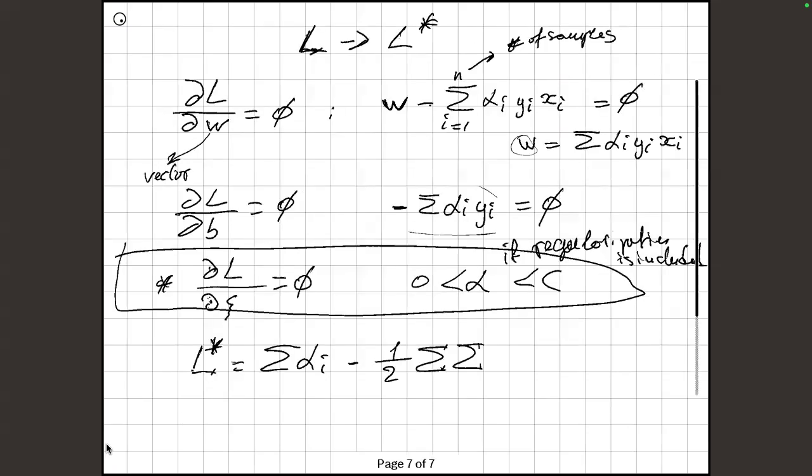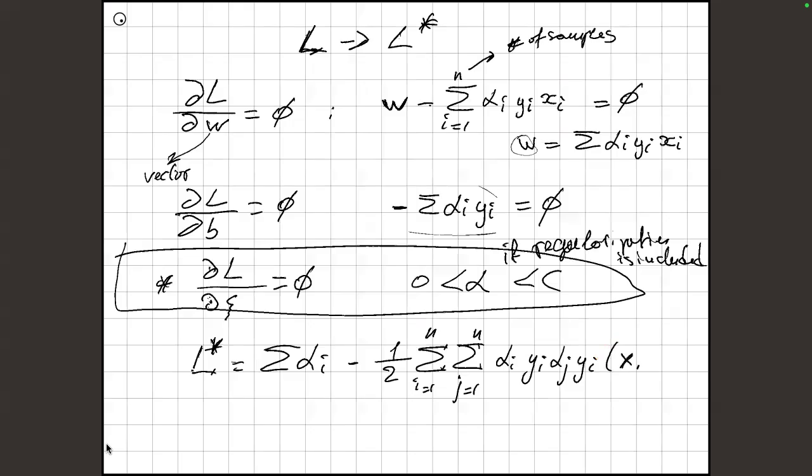So that's why we have here sums for different indices, i from 1 to n, and j from 1 to n, alpha_i y_i alpha_j y_j, and then here you have x_i dot x_j.